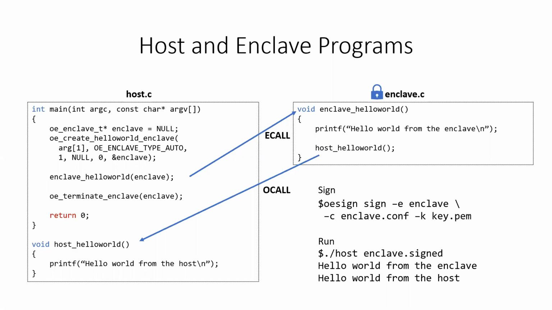In this case, the main function takes an argument which is expected to be the path to the enclave signed binary. And the host uses the oe_create_enclave API to create the enclave. And after the creation, the host can use the boundary code to invoke the function defined in the enclave.